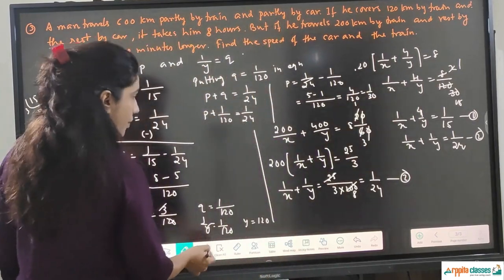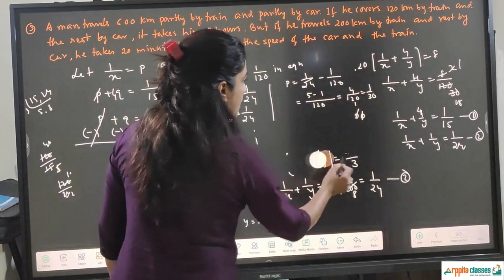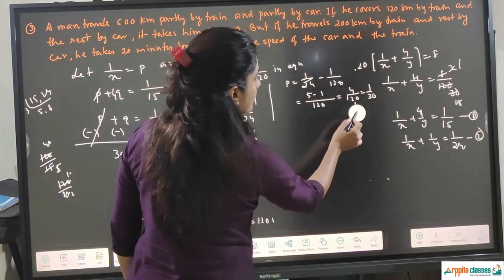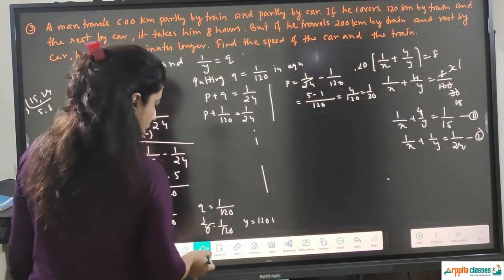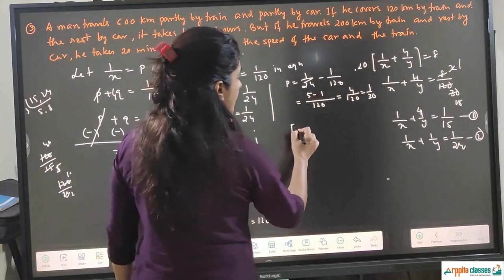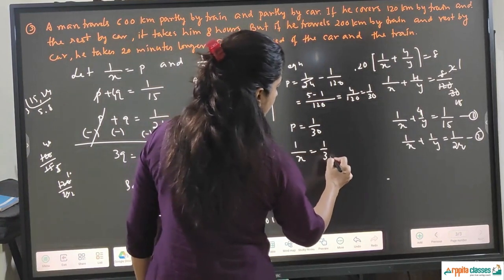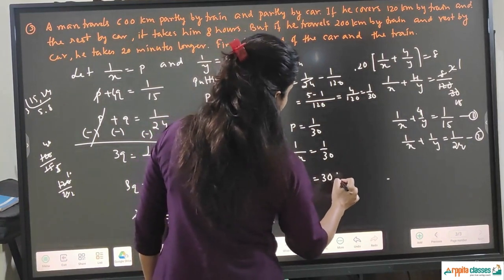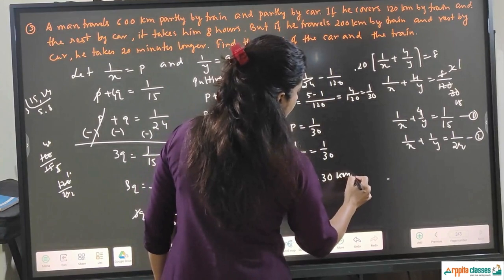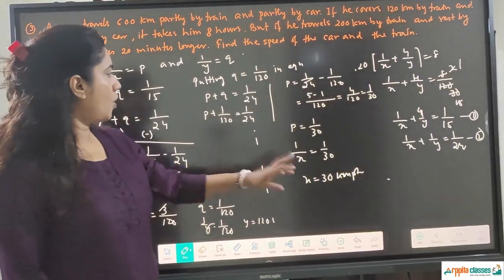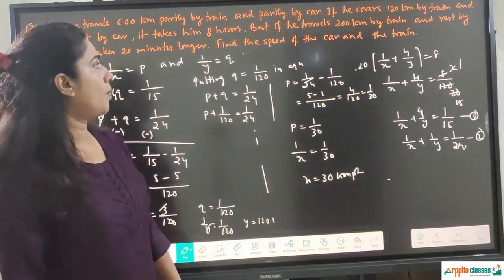So the value of, just put this, not this. Okay, so we are getting p is equal to 1 upon 30, and p is 1 upon x is 1 upon 30. Therefore, x is equal to 30 km per hour. That means we got x is 30 km per hour and y is 120 km per hour.